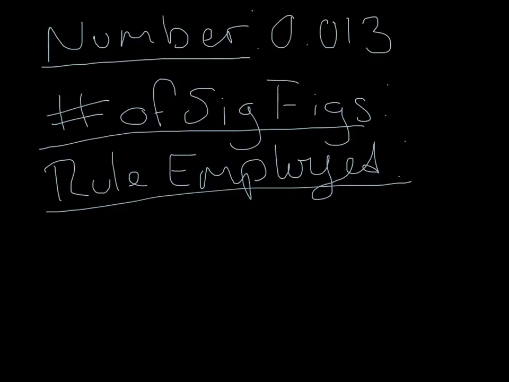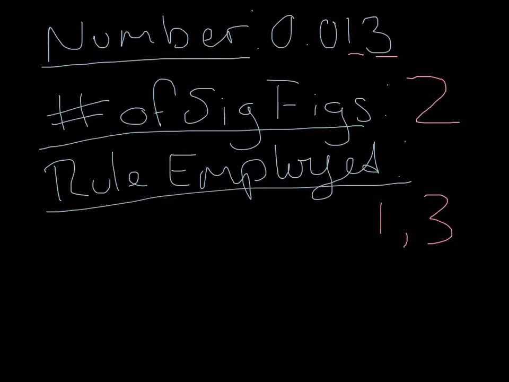For our next example, we have a number that looks very similar to the number JD had, 0.013. However, unlike the example JD just did, this number only has 2 significant figures. The reason is rules 1 and 3 yet again. We have the 1 and the 3 ending the number.